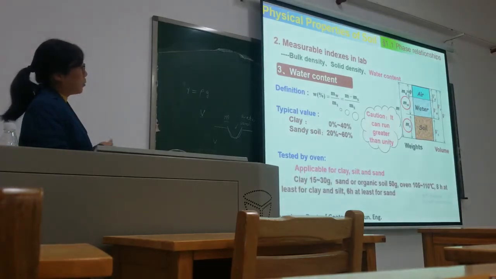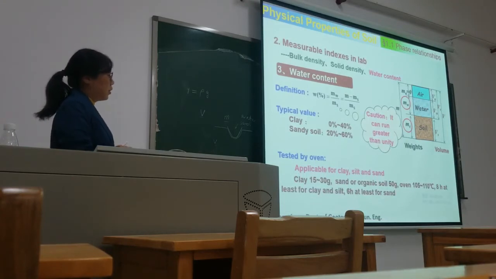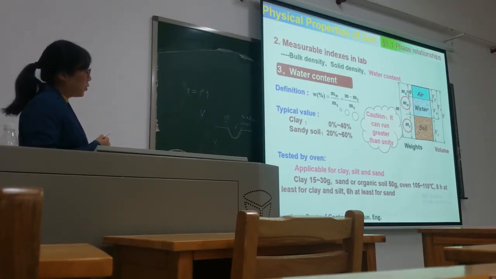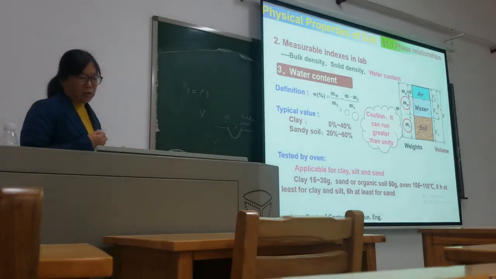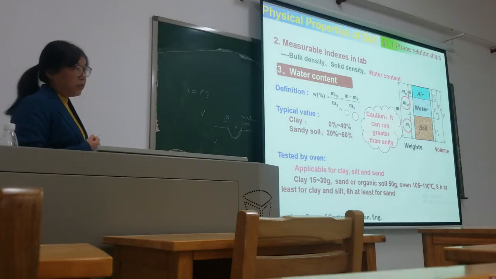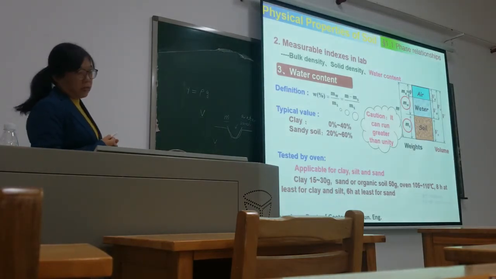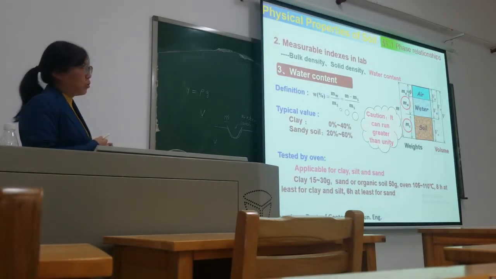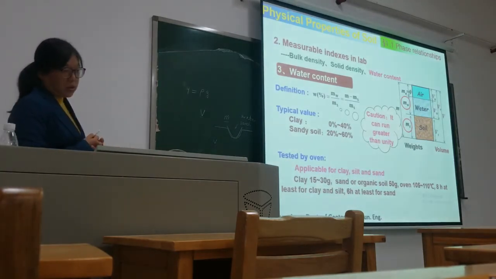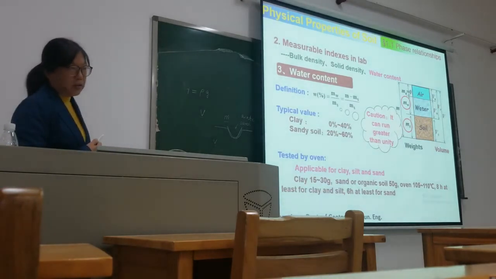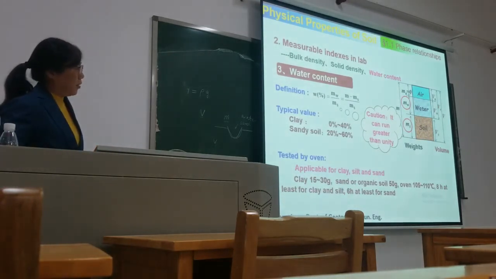This method may be simple. We take clay 15 to 16 grams, sand or organic soil 15 grams into the oven. The temperature is controlled at 105 or 110.